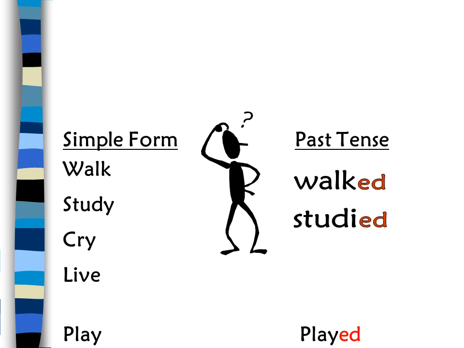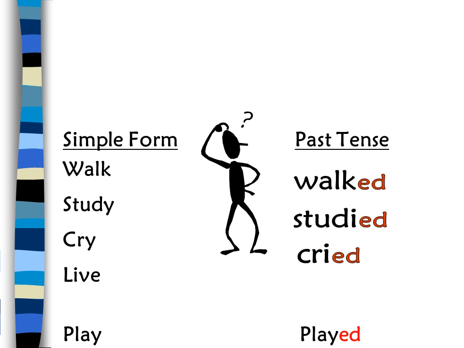Why? Because we have a consonant. Whenever we have a consonant that comes before Y, we drop the Y and we add IED. This is a form in English. Alright? Cry also. It becomes cried.